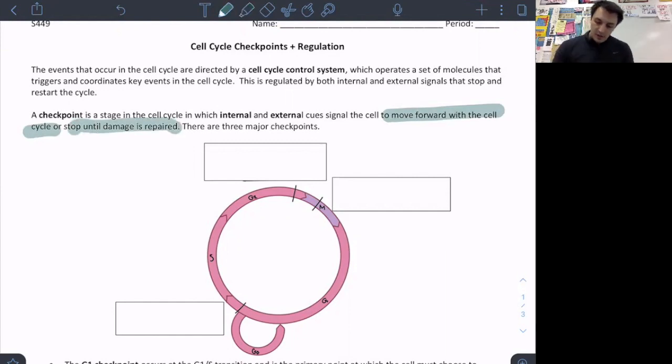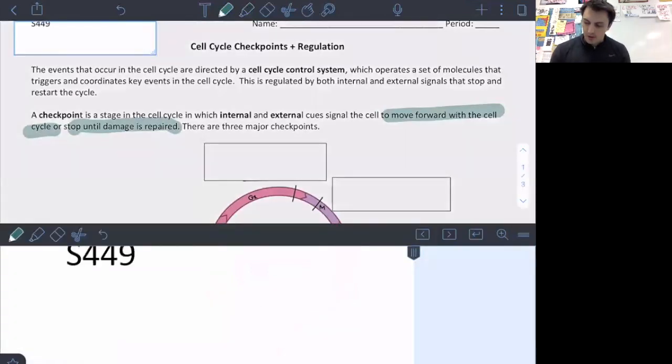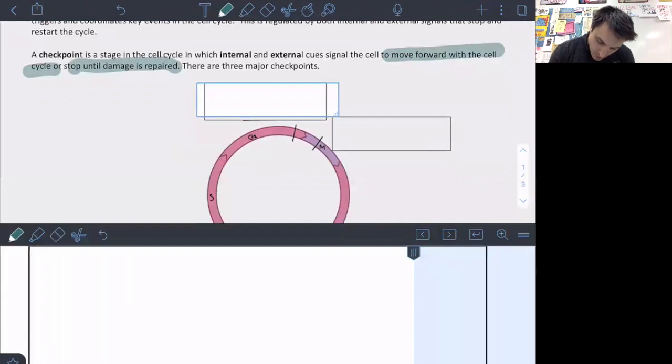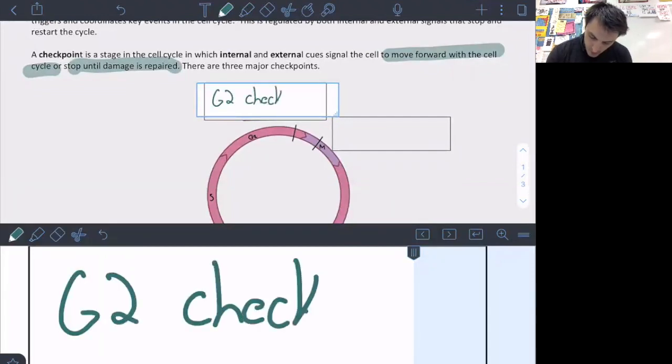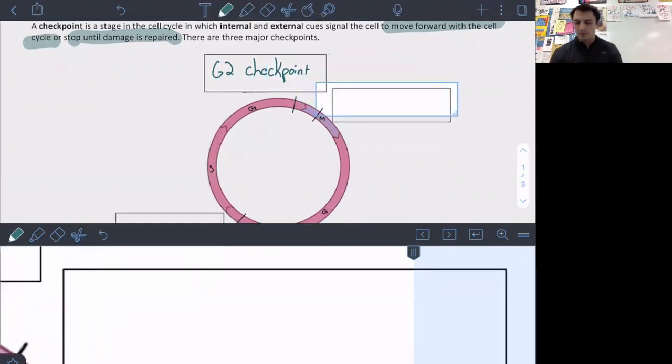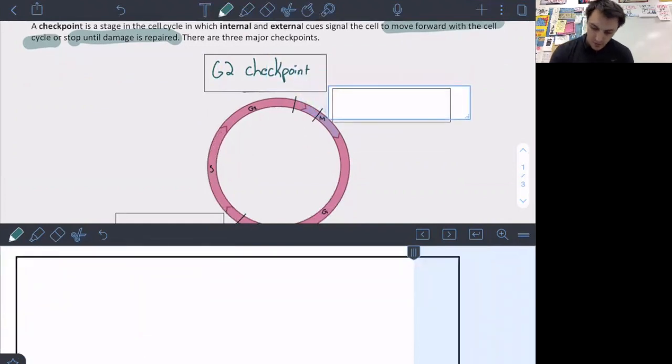There are going to be three major checkpoints for us. Which will be our G2 checkpoint. Our M checkpoint.